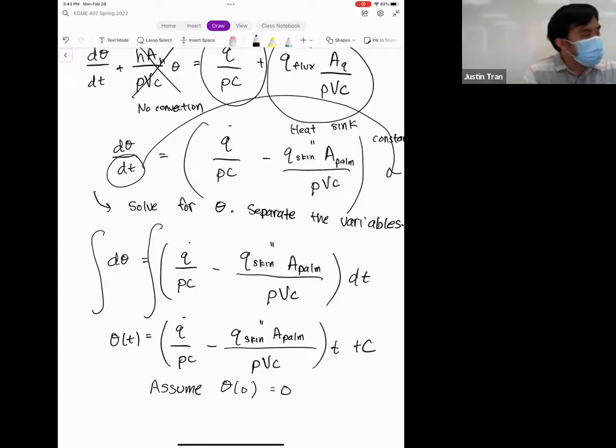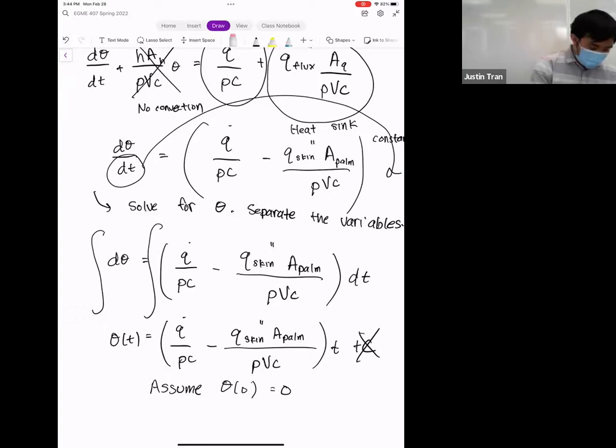And just very quickly, since we're running a bit short on time, if we assume that theta of 0 is 0, that's going to get rid of the C term right here, because remember we add the C term just because it's an indefinite integral. And so if we do that, then we're left with the final equation.